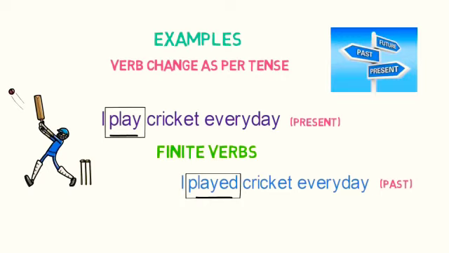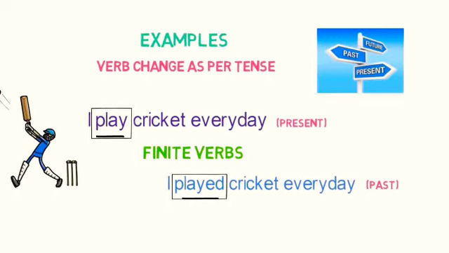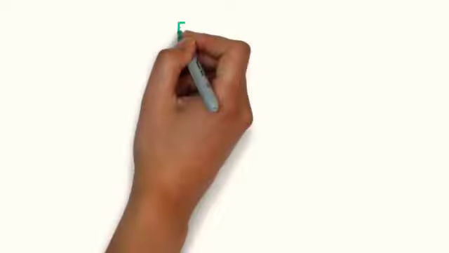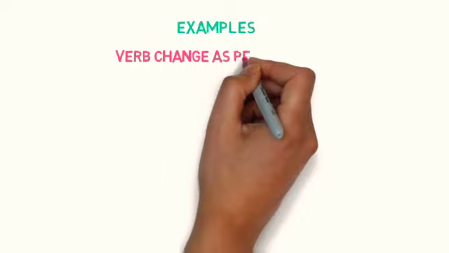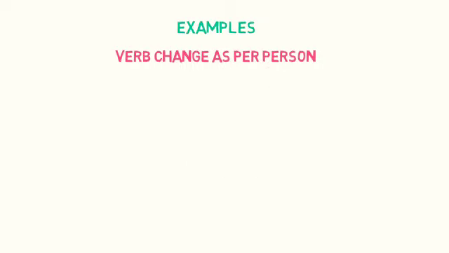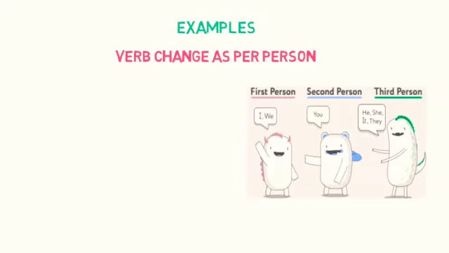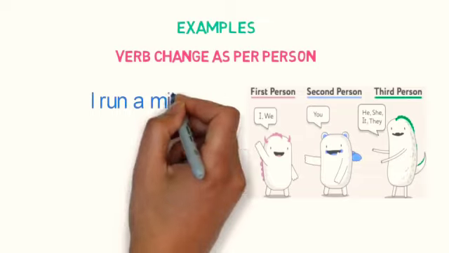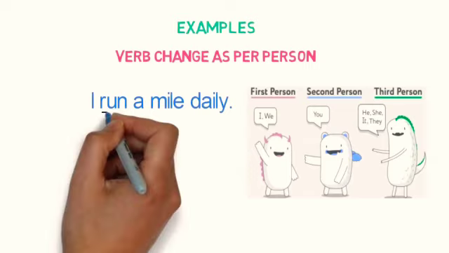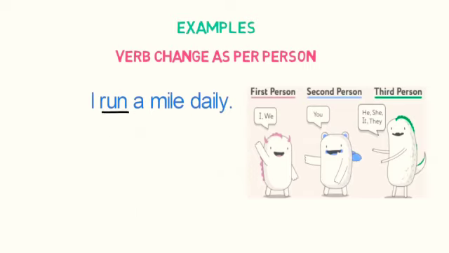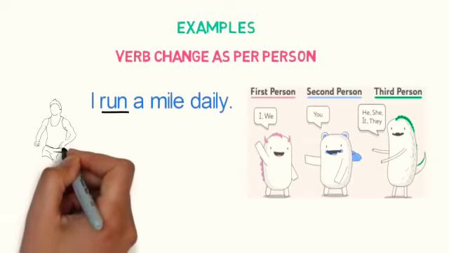Let's look into examples of a verb that changes as per person. That is, it changes as per the subject. Is it first person, second person or third person? I run a mile daily. The subject I is the first person. Here, run is the verb. Now, let us look into the second example.